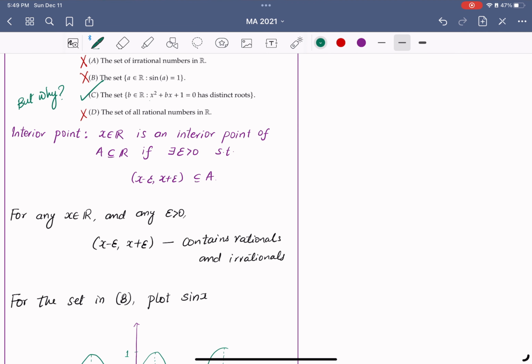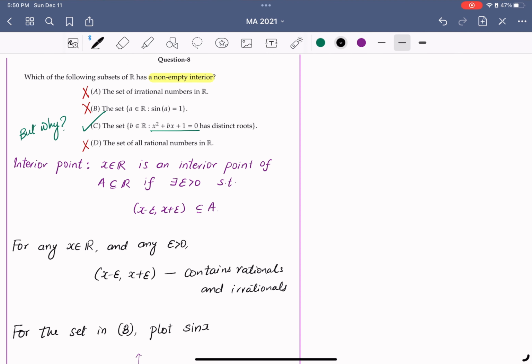Right. Now in this set, we have a quadratic equation given by x squared plus bx plus 1 equal to 0. Here a is 1, b is b, and c is 1.